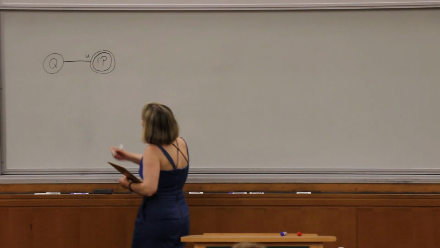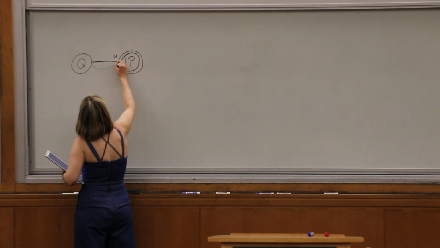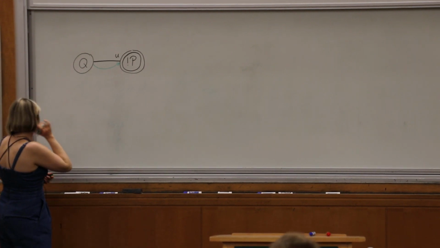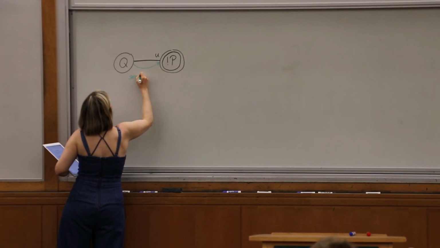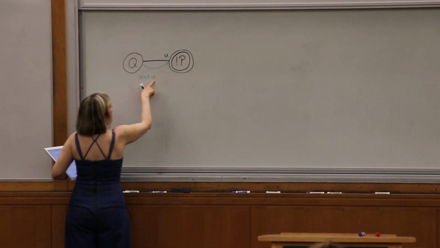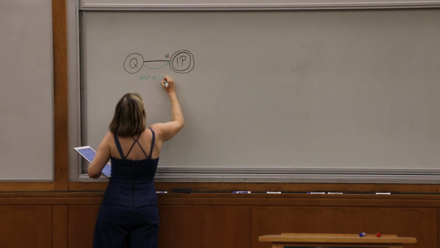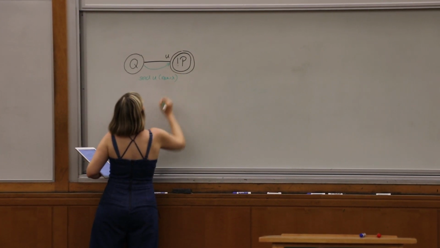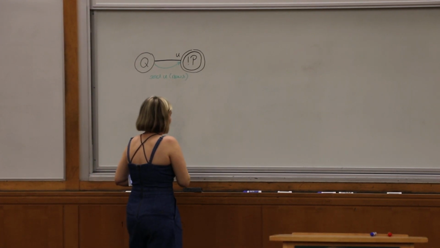The client Q can send to P a new channel. So it sends along U a new channel X. And then as a result of this, we get the following picture.